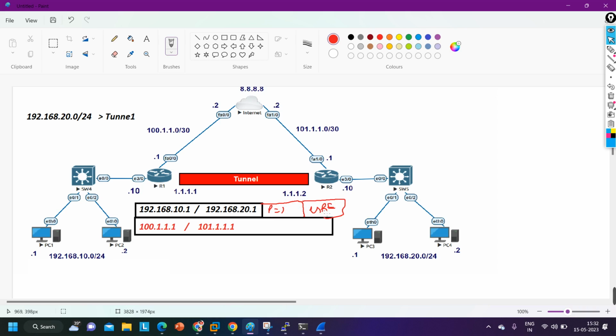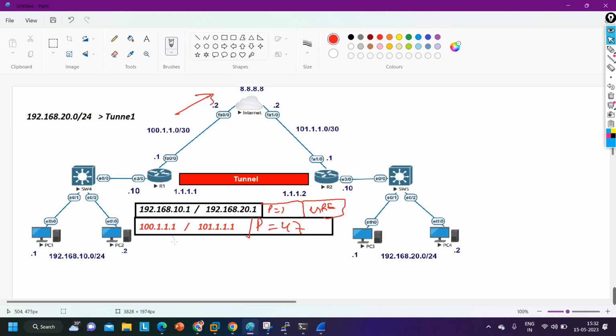Inside the GRE header there will be only the information of the upper layer protocol, which is the IPv4 protocol. After that, in the new IP header, the source IP address will be the tunnel source IP address and the destination will be the tunnel destination IP address. In the protocol field, the protocol number will be that of GRE, 47.